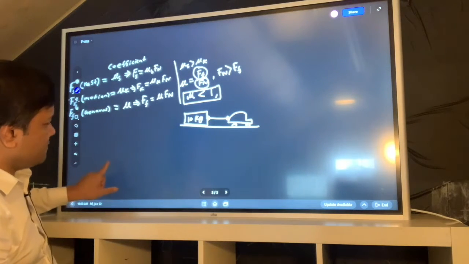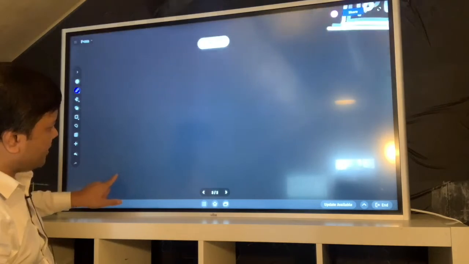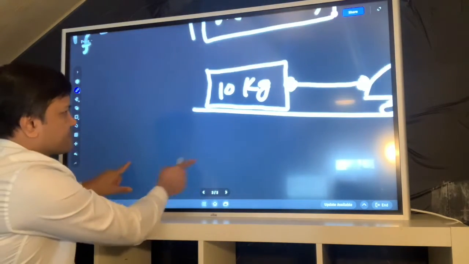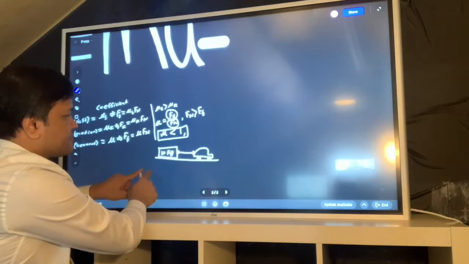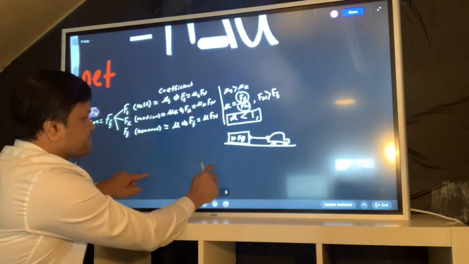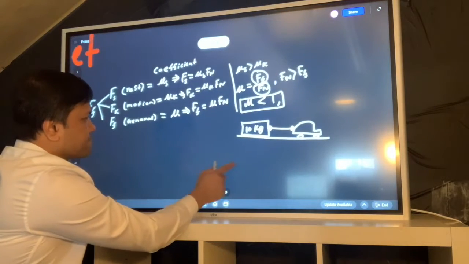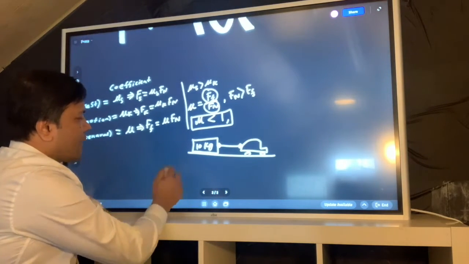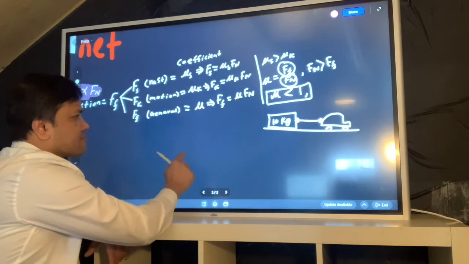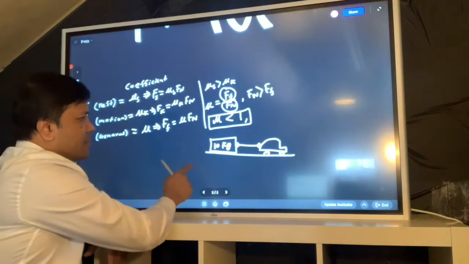Alright, now he will apply different forces. So let's create a table. Let's say the applied force is going to change.